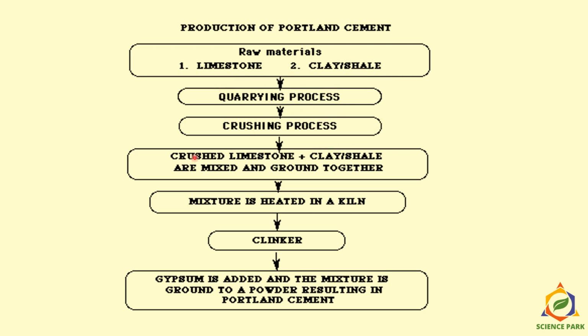Crushed limestone plus clay or shale are then mixed and ground together. Then this mixture is heated in a kiln, and then in the kiln gypsum is added and the mixture is ground to a powder, resulting in Portland cement.